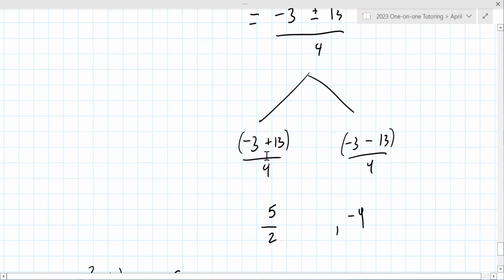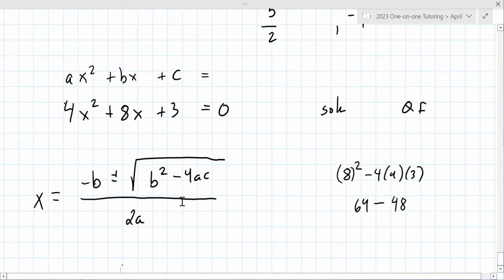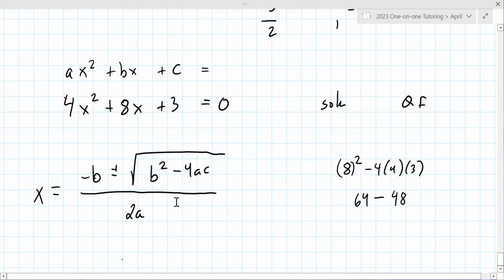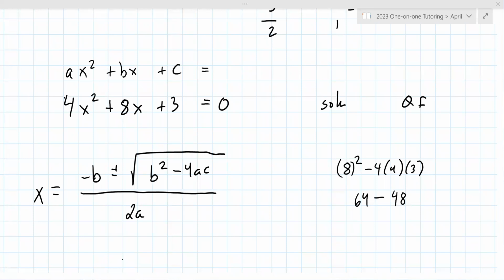You can't choose which one. So maybe reset from there. Then it'd be x equals -8 plus 1/2, x equals -8 minus 1/2. So then x equals -7.5, and x equals -9.5.